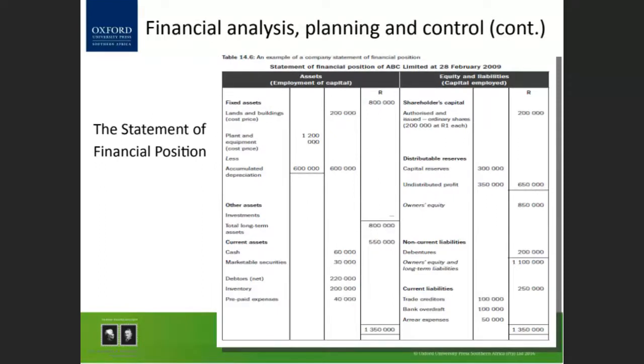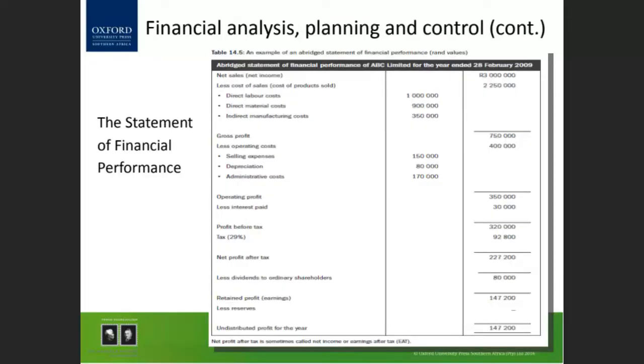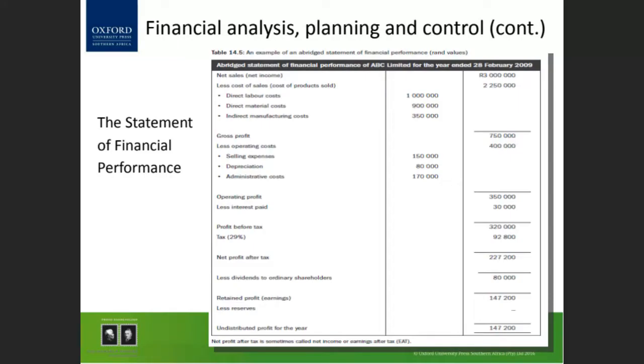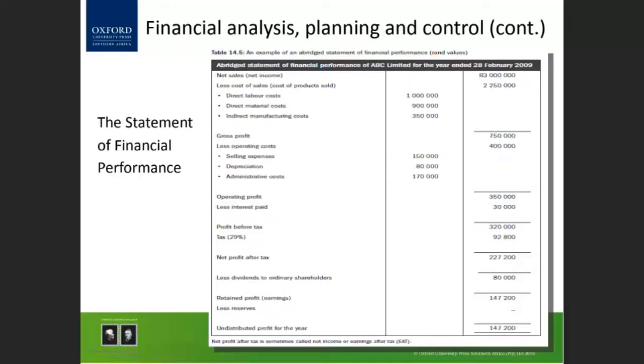Then we also have, for the statement of financial performance, you should know that that's where we find the sales figure, that's where we find the gross profit. We also find the net profit after tax, net profit before tax, operating profit, and retained profits.